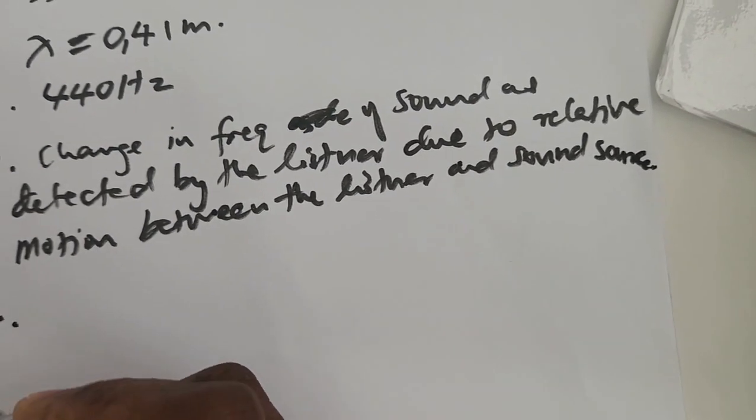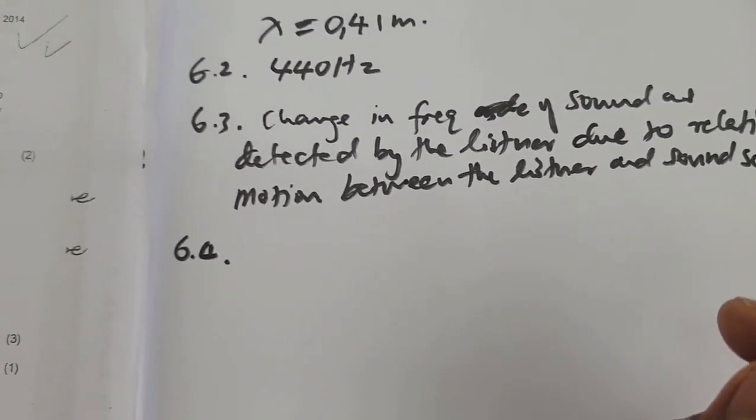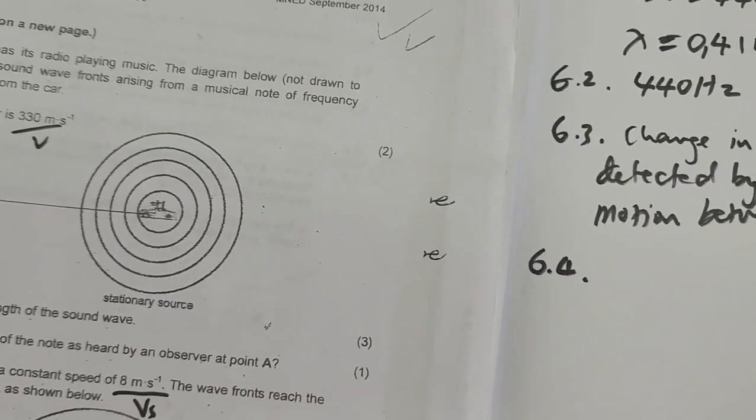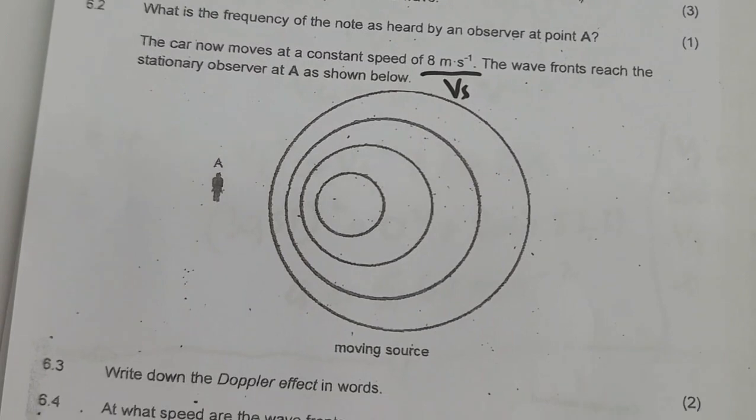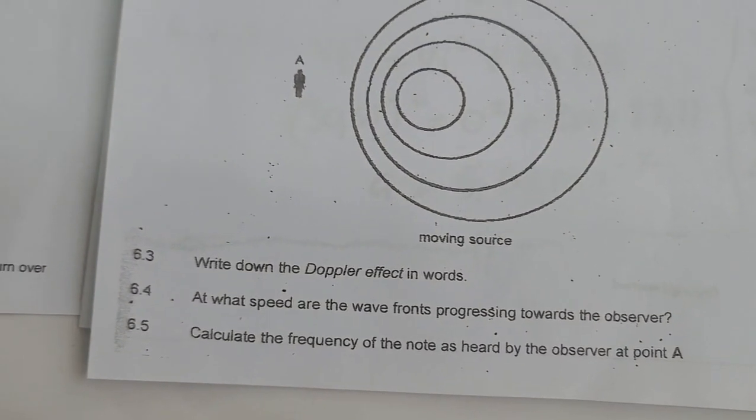That is the definition, or due to the listener and sound source moving at different velocities to the medium of sound propagation. That was 6.3. 6.4.